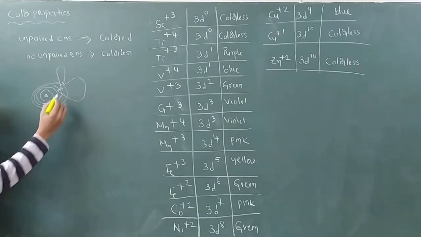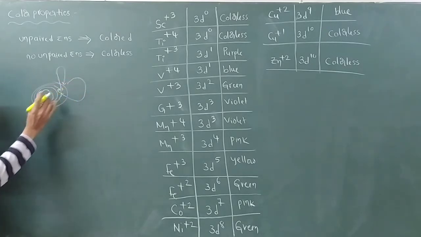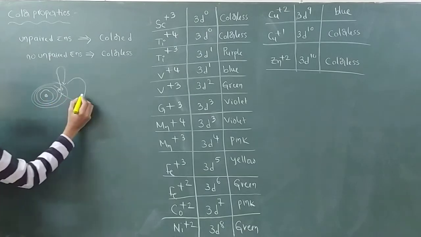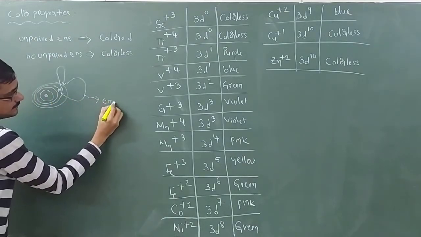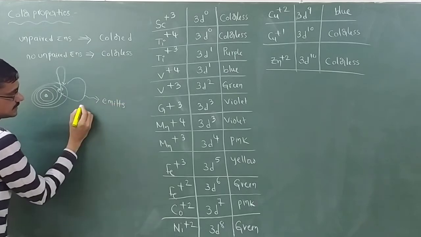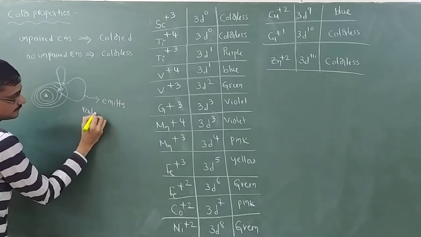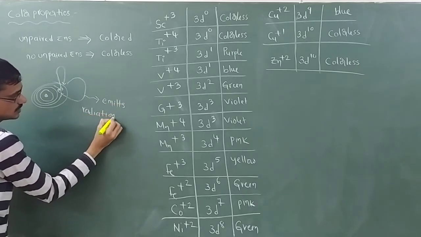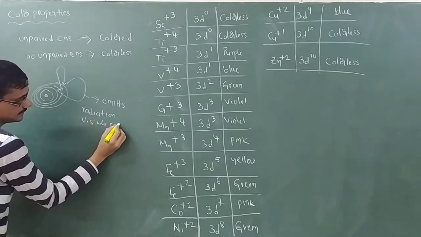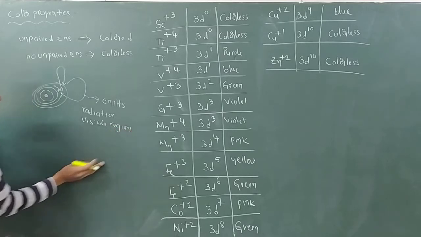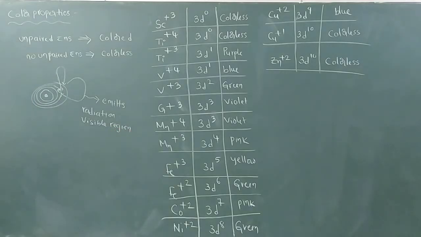When coming back into the ground state, it emits radiation of the visible region. So whenever it emits radiation of the visible region, it shows colors.